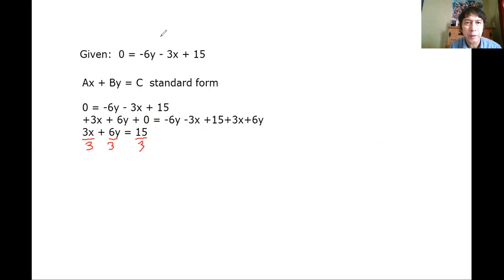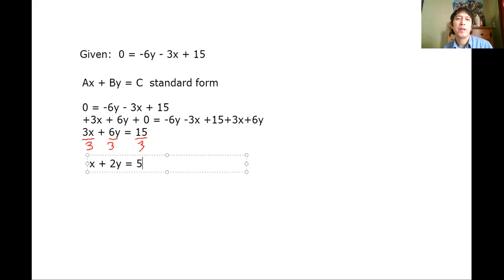And so the next line will be just 3x over 3, that will just be x. And then plus 6y over 3, that's 2. So we have 2y there. And this is now equal to 15 over 3, that's a 5 there. X plus 2y equals 5.